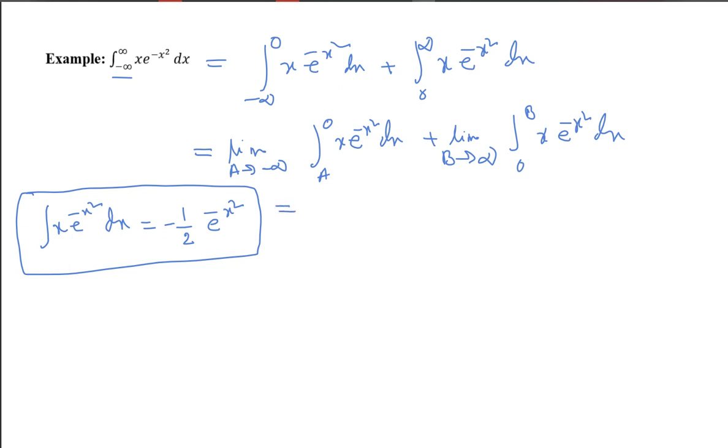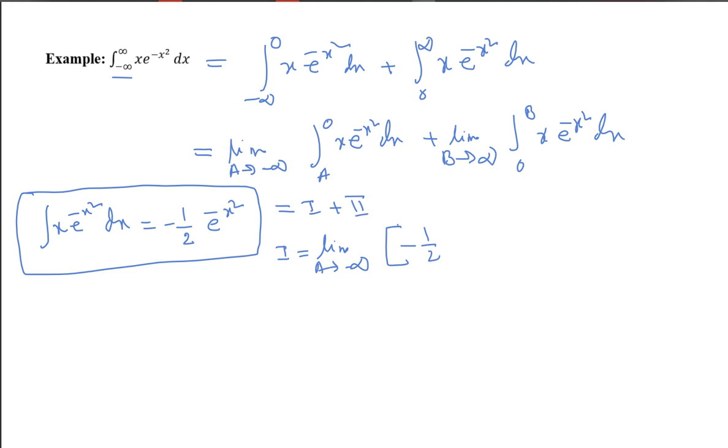Now first point, suppose I am writing here, this is I1 plus I2. I am writing two limits, I1 plus I2. This is not type 1, type 2 writing. I am writing just I1 plus I2. So what will be your I1 value? I1 value is limit a tends to minus infinity of the integral from a to 0 of x e to the power minus x squared dx.